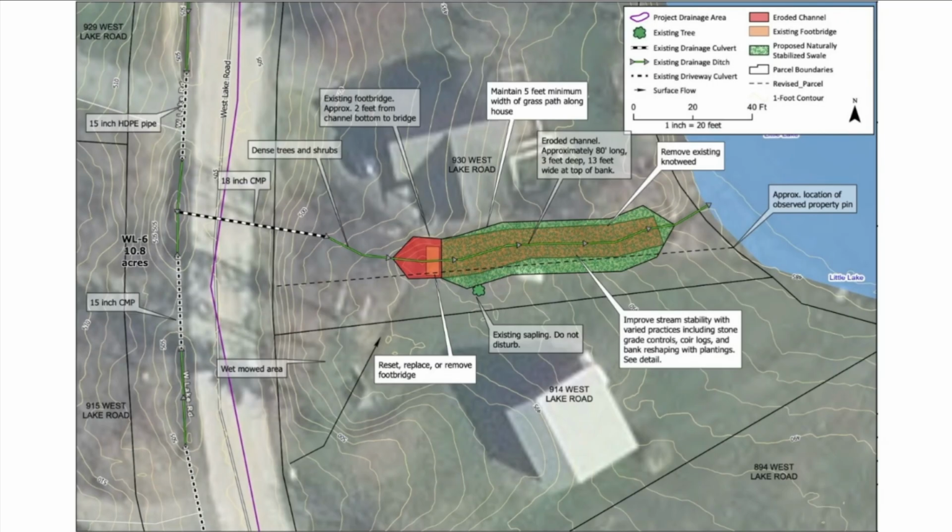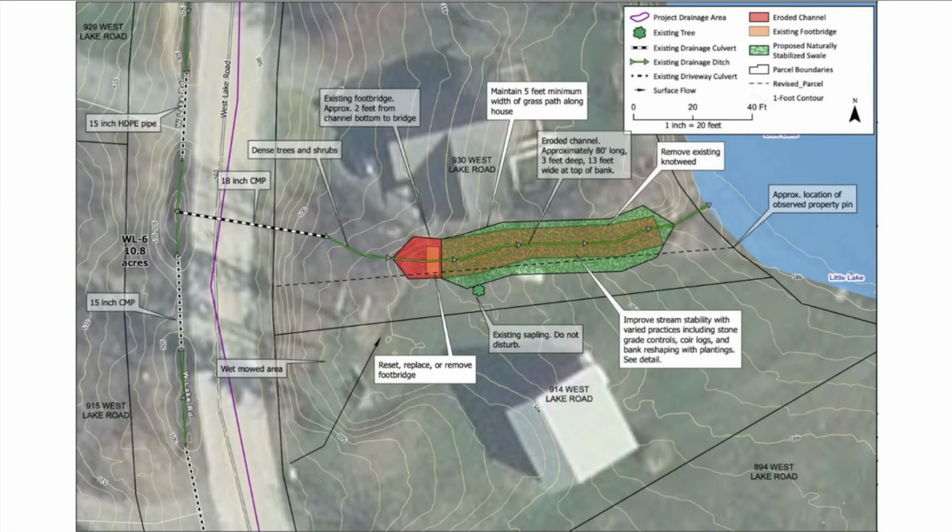This is the site. Yeah, it says 930 Westlake Road there. So a minute ago, I was making a comment about the parcel lines, and this is one where the dark black lines are the parcel data that we get from the state, but we did observe a property pin here that seemed, if we drew it in line with the black line to the south here, the project would appear to straddle possibly two properties.